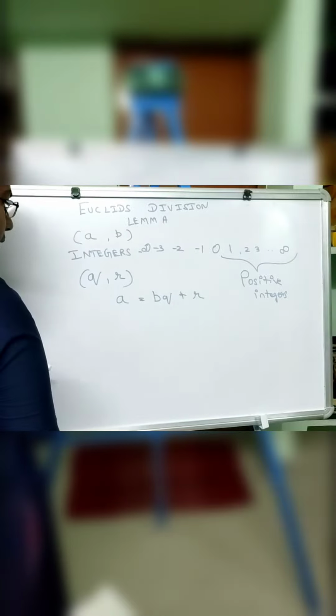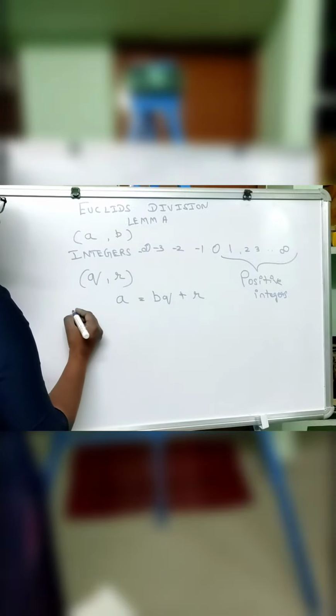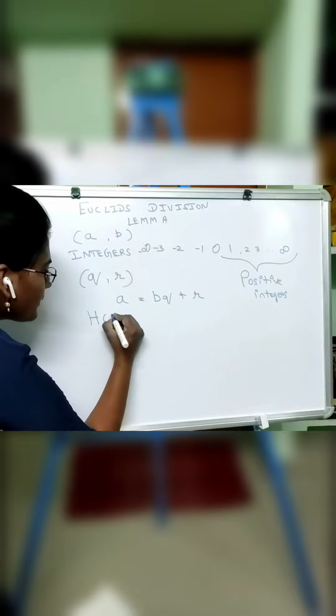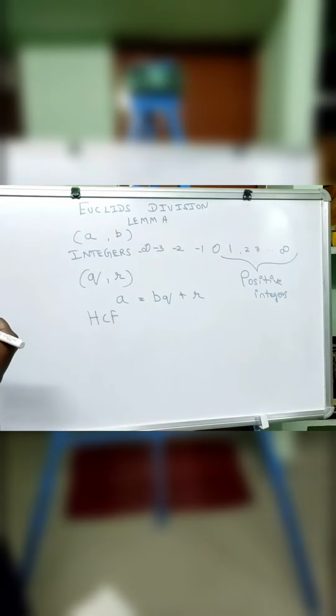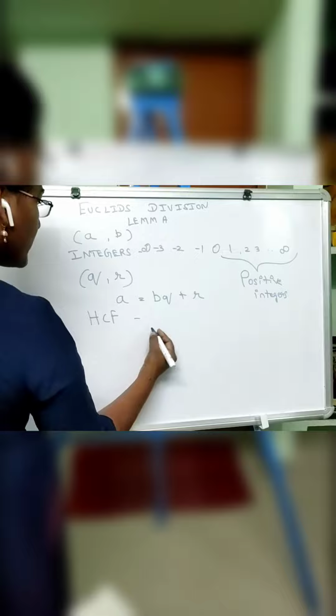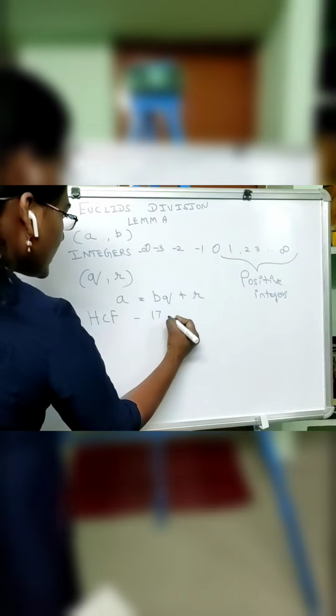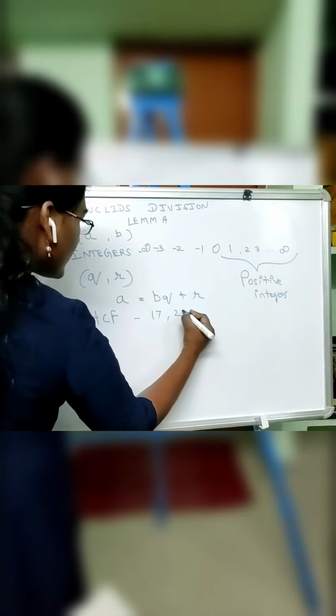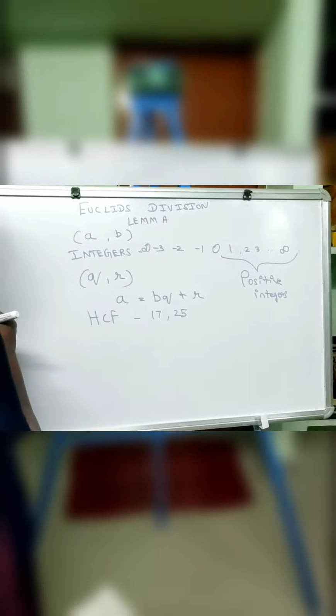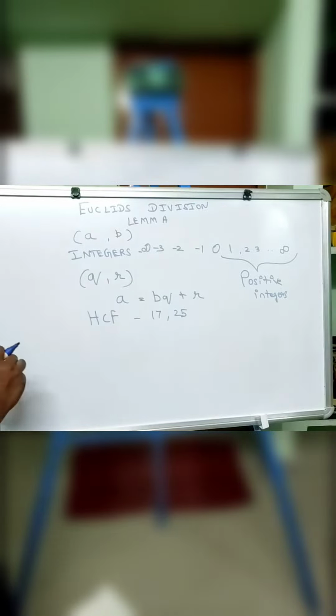Say for example we have to take the HCF of the numbers 17 and 25. We'll assume a smaller number.